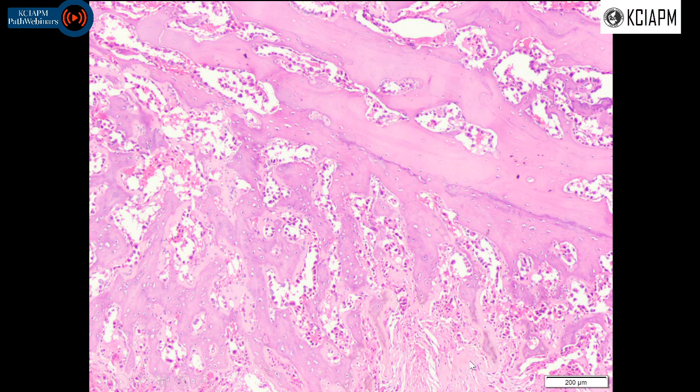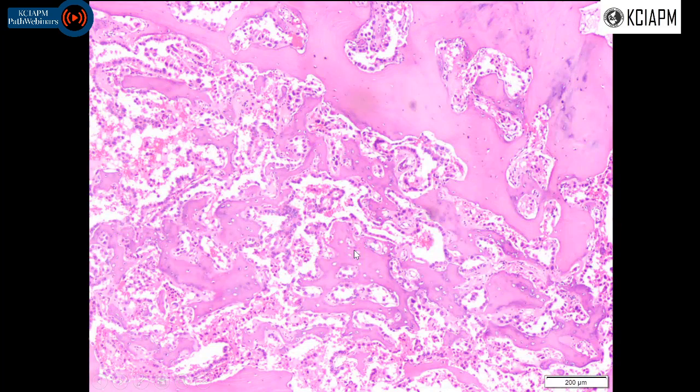They seem to be producing a lot of osteoid, which is maturing to form woven bone as well as lamellar bone. So this is how they are placed, very prominent lining of these trabeculae.